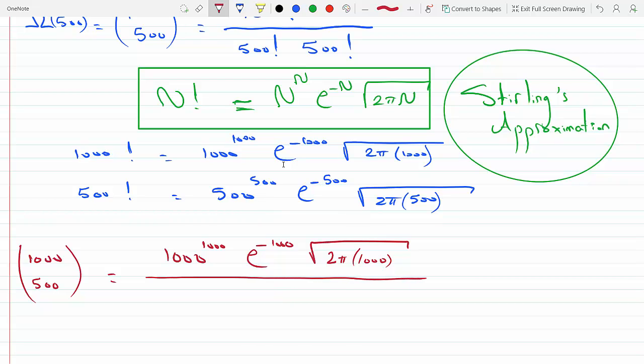divided by, now this is just repeated twice, so I will square each one. So 500 to the 500, when I square it, becomes 500 to the 1,000.